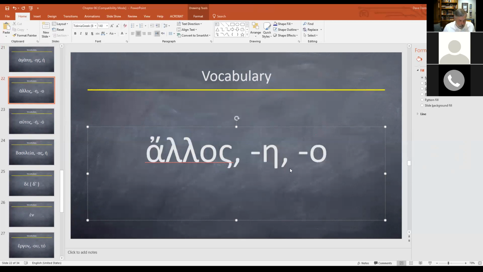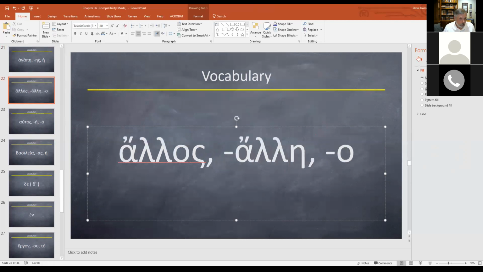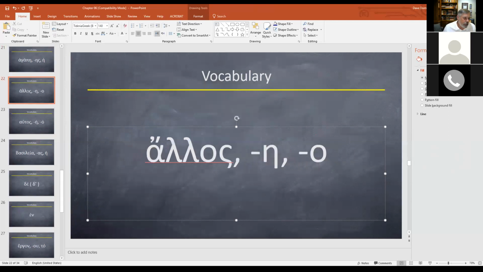I'll just type it out so you can see it. It would look like that, ale. And if it's modifying a feminine word, say another woman, then it would say ale. If it's modifying a masculine word, another man, then it would look like that.